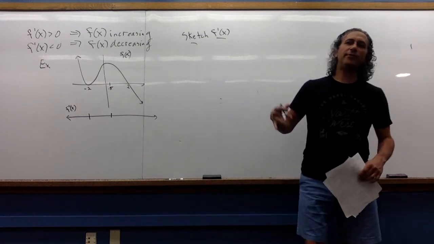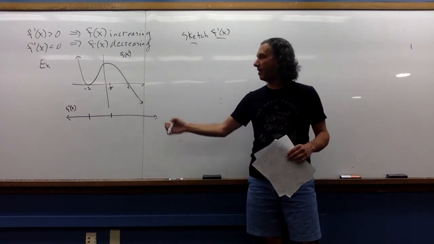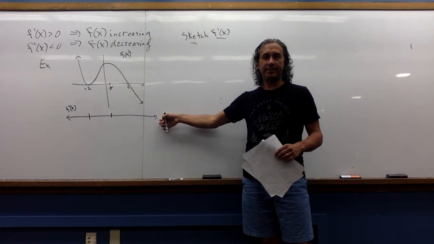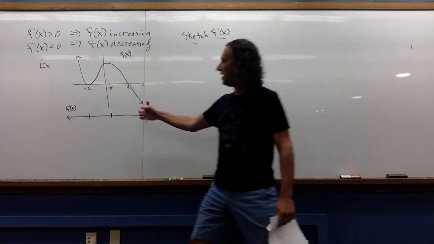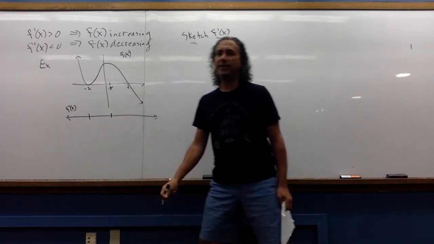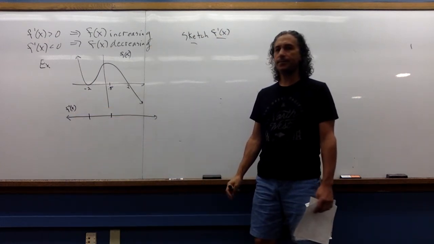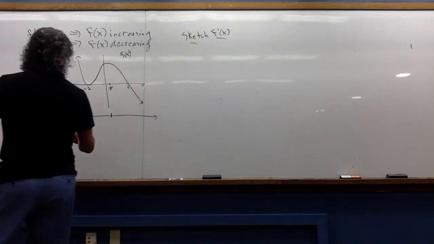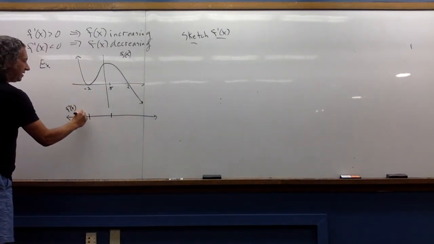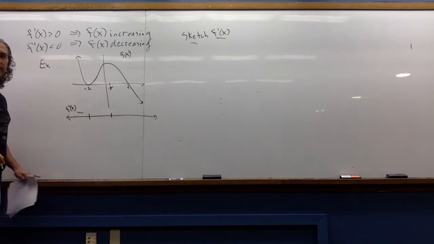Okay, so these are the places where f prime is 0 or not defined. Well, if it's neither of those two things, then it has to be positive or negative. F prime of x has to be positive or negative. So try to fill in the signs for f prime of x. Okay, hopefully you said f prime of x is going to be negative here because f of x is decreasing.